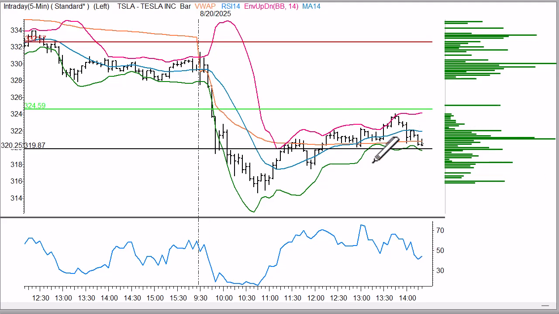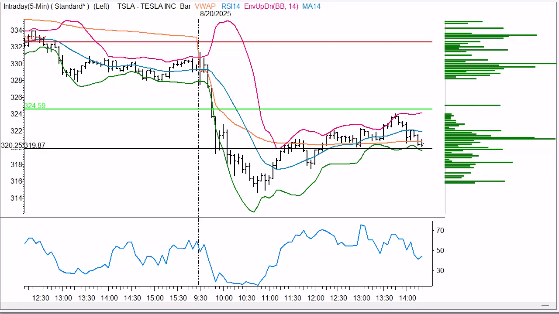And if you look at what we did when it got up to this level, I shorted it. I told you we're looking for a shallow target, and the shallow target was just back down to this average down here. So that really worked out well.